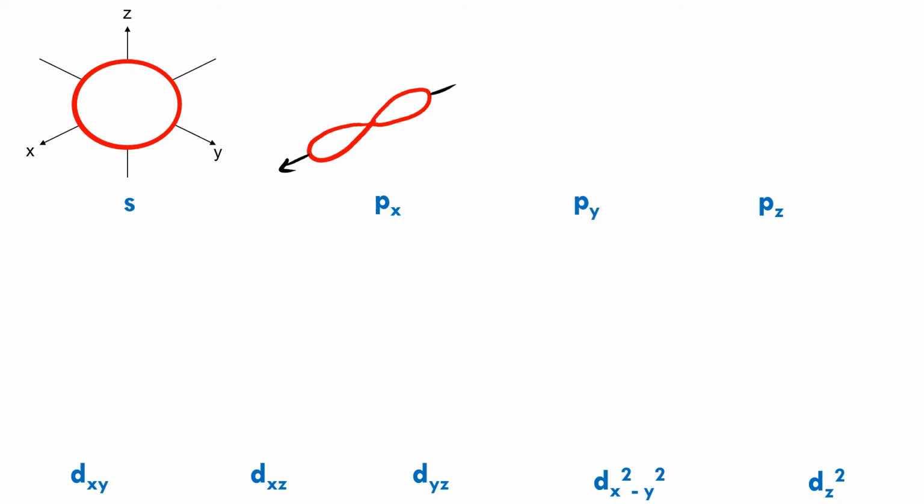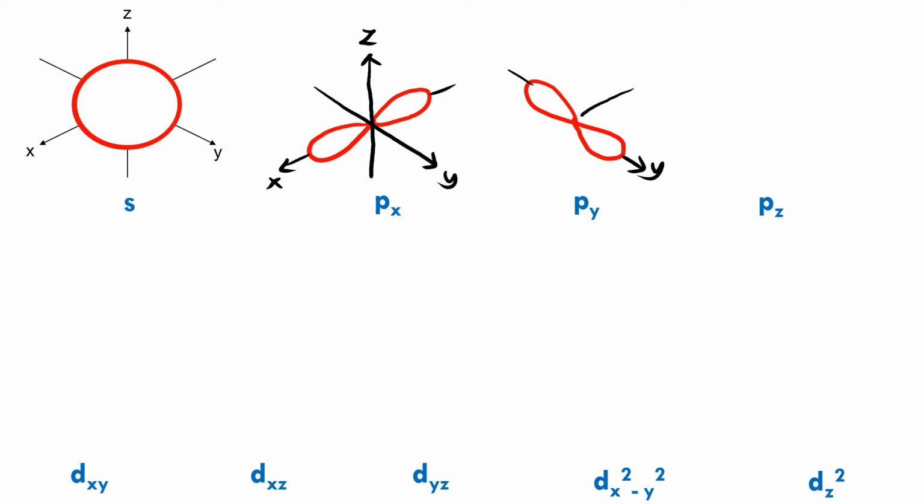Px refers to the dumbbell along axis of X. Py refers to the dumbbell along axis of Y. Pz refers to the dumbbell along axis of Z.